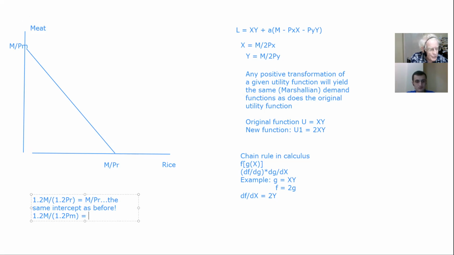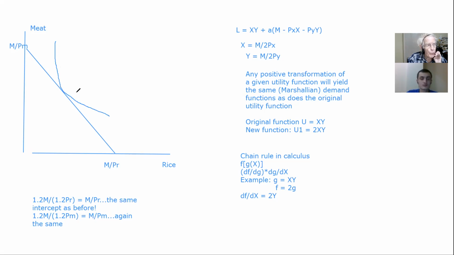In other words, you get the same intercept as originally. So neither intercept changes in response to the inflation, and therefore the solution, this indifference curve, is also the same.